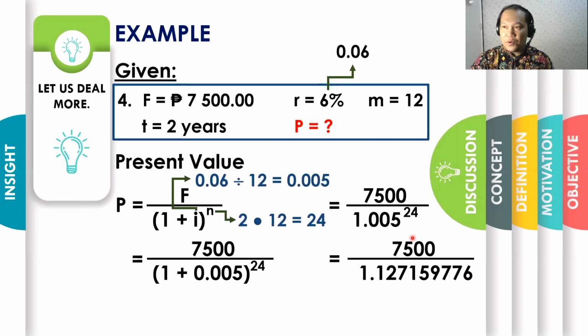Then 7,500 will be divided by our denominator, wherein we are able to get the present value, which is 6,653 and 89 centavos. I repeat, for problem number 4, our present value is 6,653 pesos and 89 centavos.